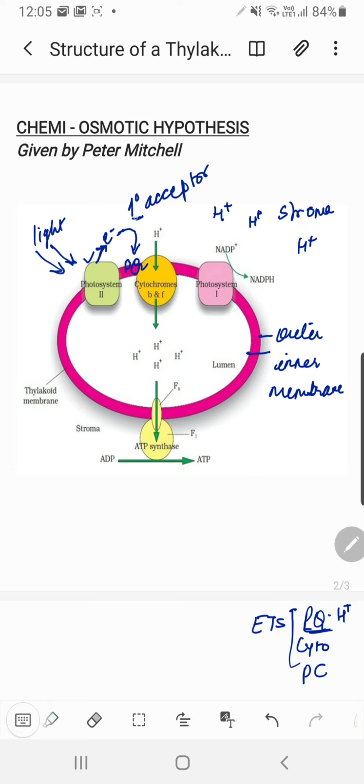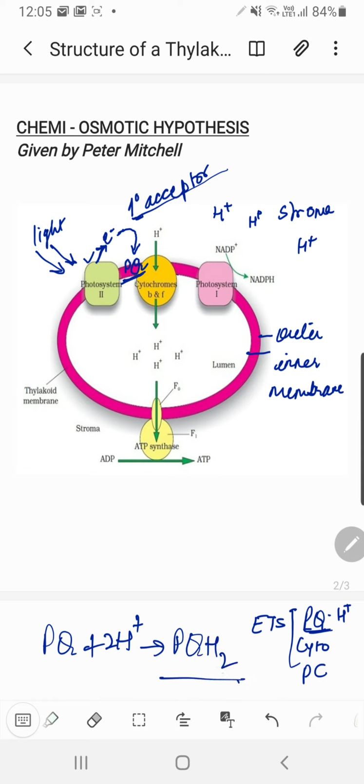This electron is taken up by the primary acceptor, which transfers it to the hydrogen or proton carrier. This PQ, when two hydrogen ions are taken from the stroma, converts into PQH2.